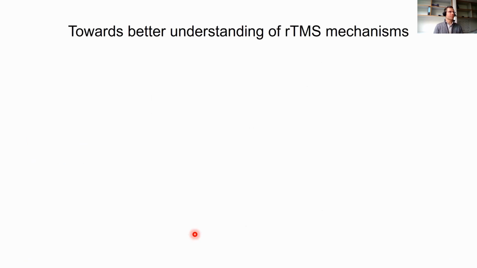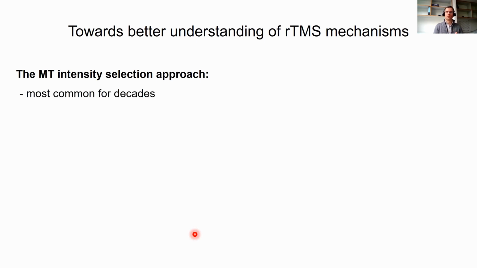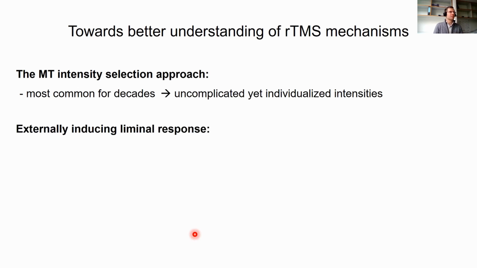So I talked about the notion that the motor threshold intensity selection approach is the most common approach. This has been used for decades. The main reason is that it's quite uncomplicated, and yet it provides individualized stimulation intensities.